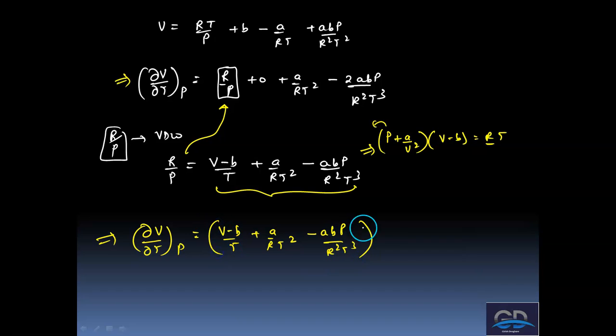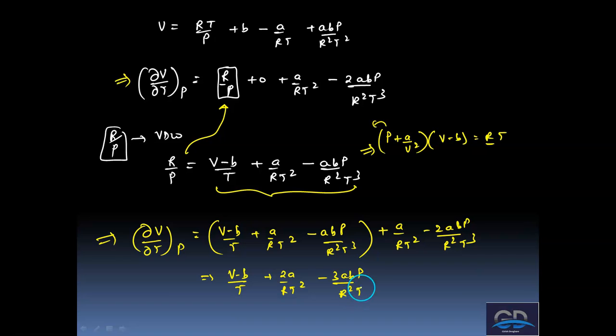This is the value of R by P, and the remaining expression we just write as it is. So you can see this is the expression that I am getting, which is equal to V minus b by T plus 2a upon RT square minus 3abP upon R square T cube. Okay, that is the value of this partial derivative.